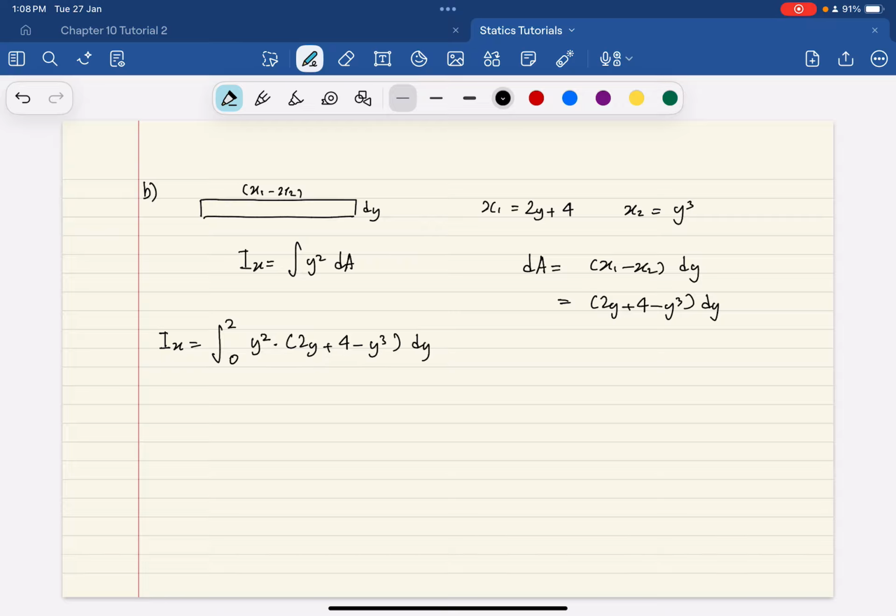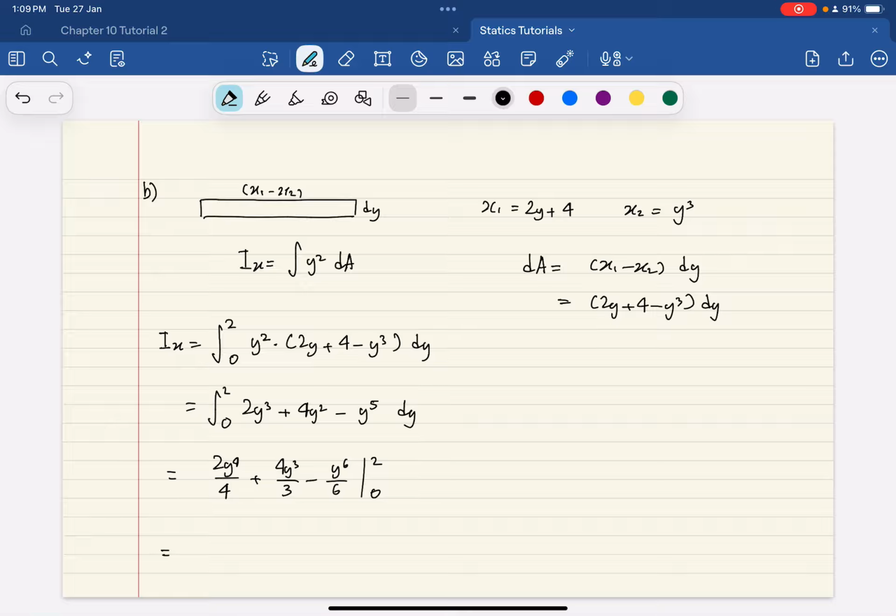Okay, so simplified expression, you get the 2y cubed plus 4y squared minus y to the power of 5. Yeah. So we do the integration. So what we end up getting is 2y to the power 4 over 4 plus 4y cubed over 3 minus y to the power 6 over 6, 2 and 0.